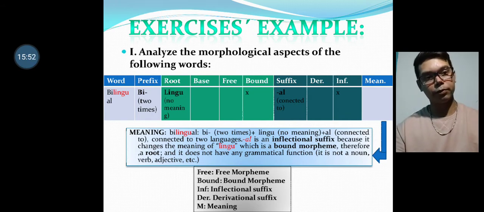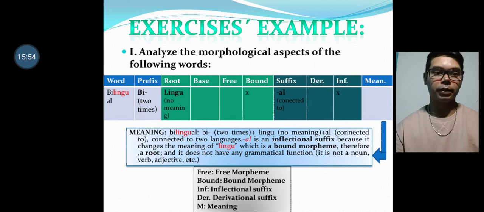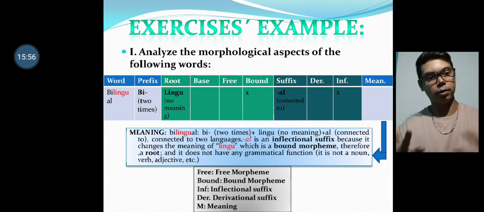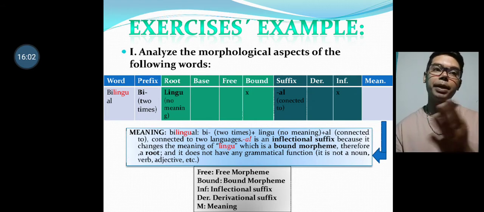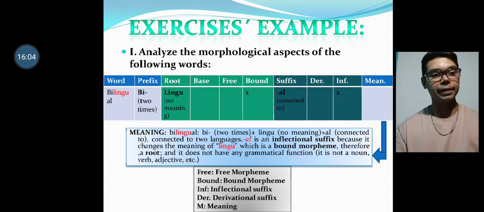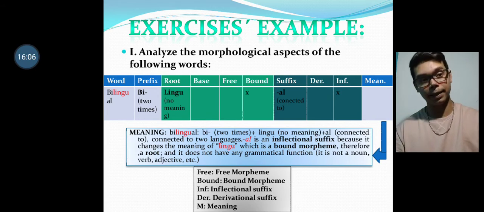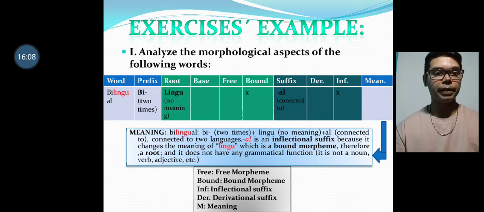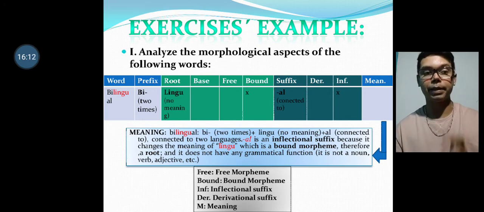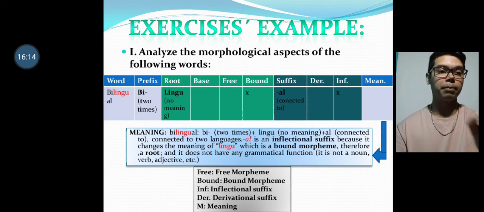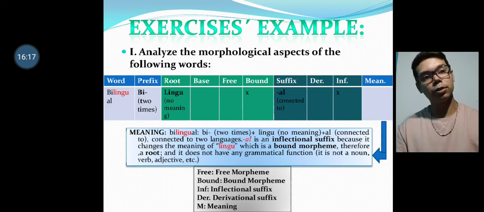Tendríamos entonces el sufijo al, that is connected to, es decir, conectado a. Y como simplemente este sufijo lo que está es cambiando el significado de la raíz y no está cambiando su función gramatical, entonces vamos a decir que es an inflectional suffix, ¿ok? Colocamos la X para decir que es a bound morpheme y colocamos una X en la casilla donde se establece que el sufijo es inflectional.